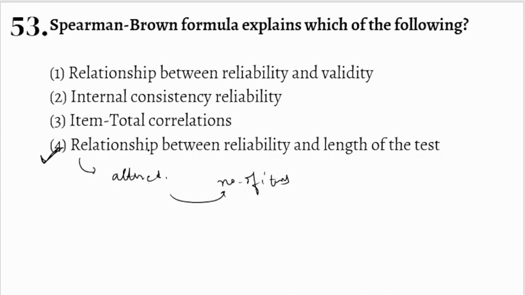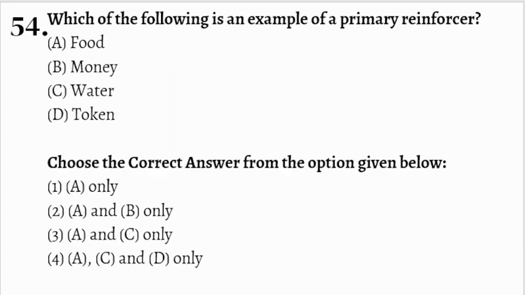And this formula is only applicable when the item difficulty of the added items is similar to that of the previous difficulty level. Okay, moving ahead to question number 54.